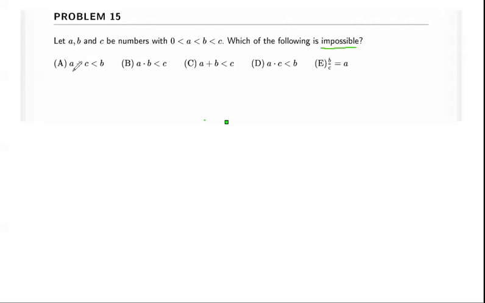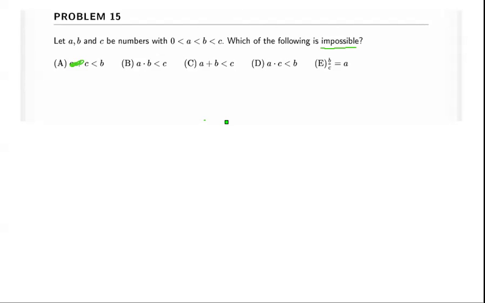So if you look at choice A, it says A plus C, where A is a value larger than 0 but smaller than C, and when you add A and C, you add 2 positive numbers, it says smaller than B. It's not possible because we know that B is smaller than C. So even though you don't have A in the equation, C smaller than B is incorrect.